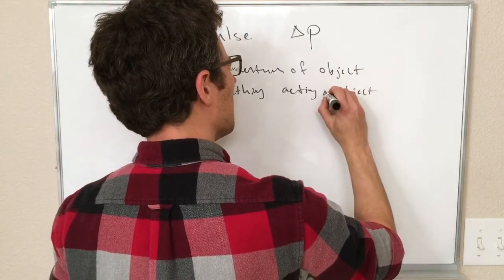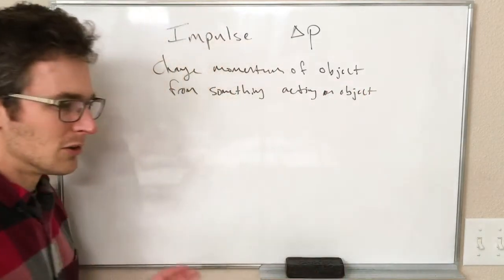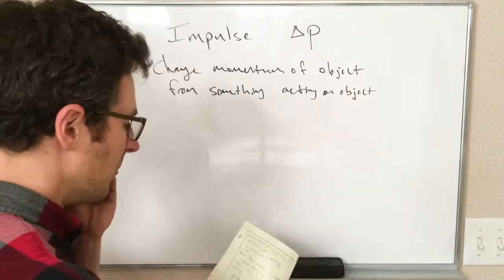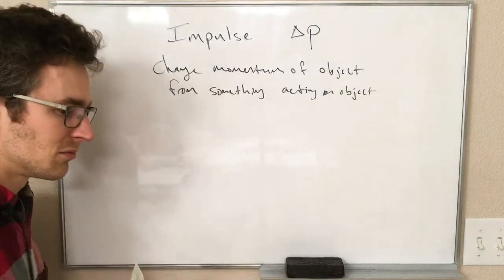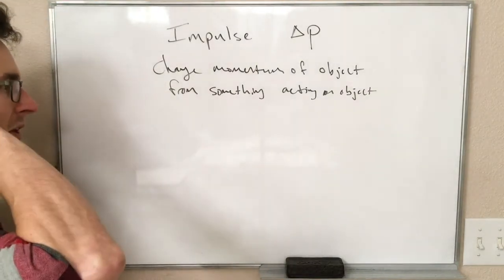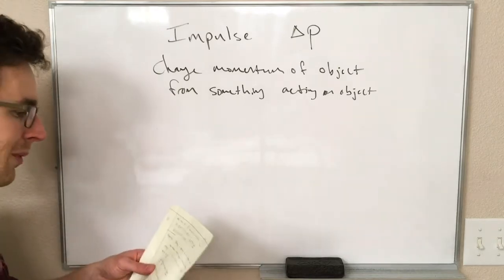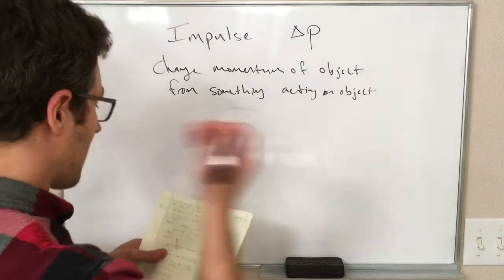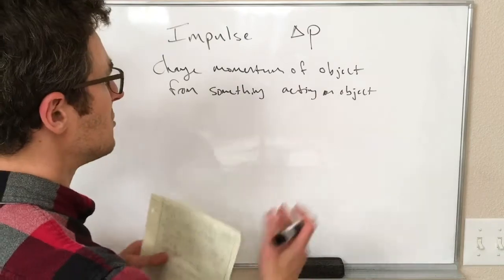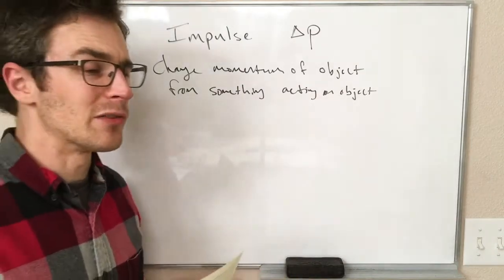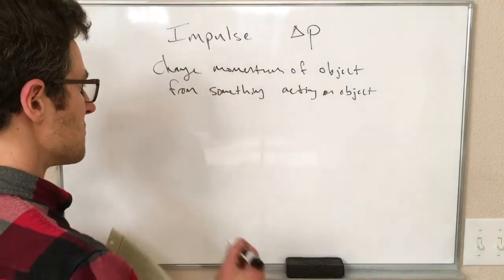And that could be something external hitting your object, for example, or in the case of a rocket ship, something changing its own momentum in some way. Okay, so let's do just a little quick derivation to show us how this impulse business works.